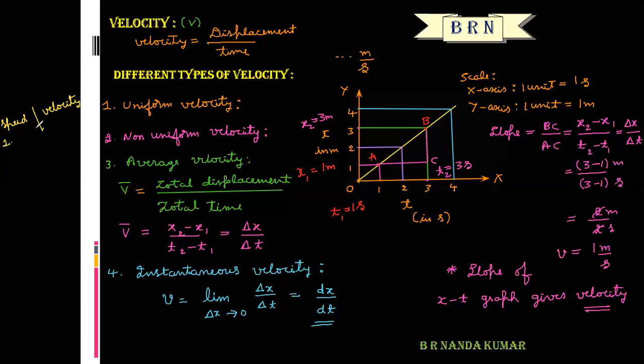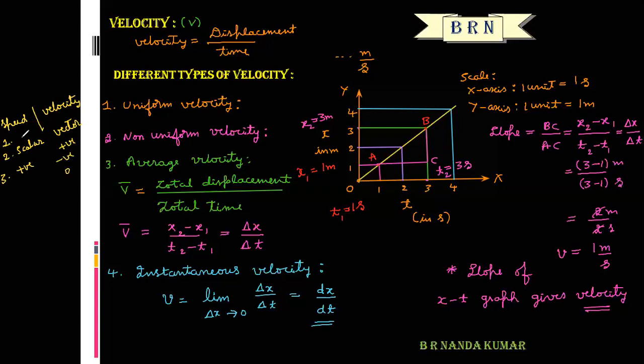Velocity is displacement per unit time. Speed is a scalar physical quantity. The velocity is a vector physical quantity. And speed is always positive. Velocity can be positive or negative or zero.